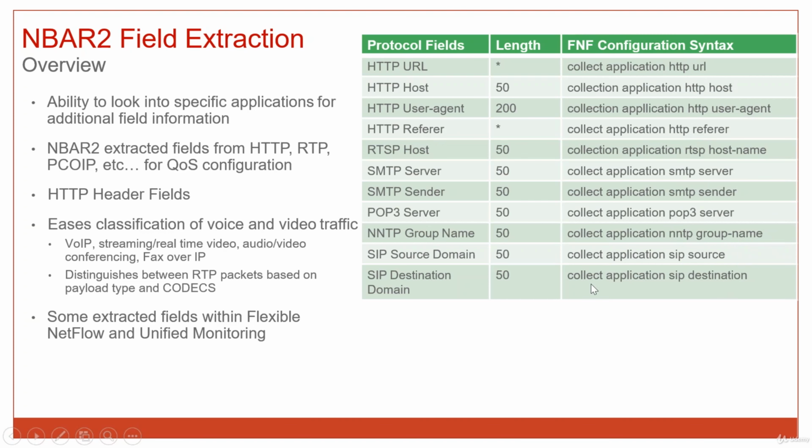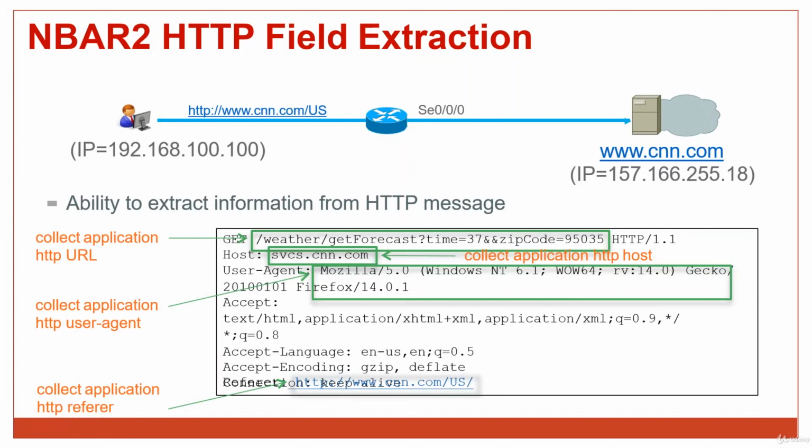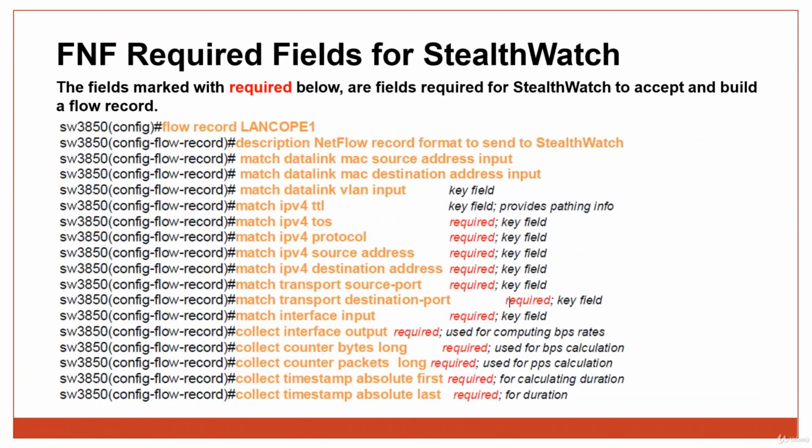So we have a long list of application matching criteria that we can go and check inside the flow. Now, how it is working behind the scene, here you can see that in any of the flow, they will go and extract the URL, the agent, the application refer, the application HTTP host. That's the capability, and that's the visibility we have with respect to NBAR.